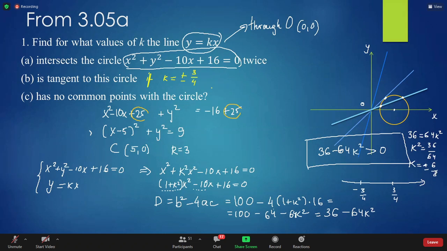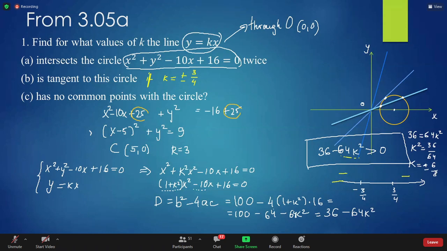Now we think about the signs. If k is very large, greater than 3/4, then this term becomes too large. So 36 minus something very large will be negative. If k is negative but also has a very large absolute value, like minus 10, or anything further to the left than minus 3/4, then the square is still positive. The subtracted term is still too great, so we still have a minus.